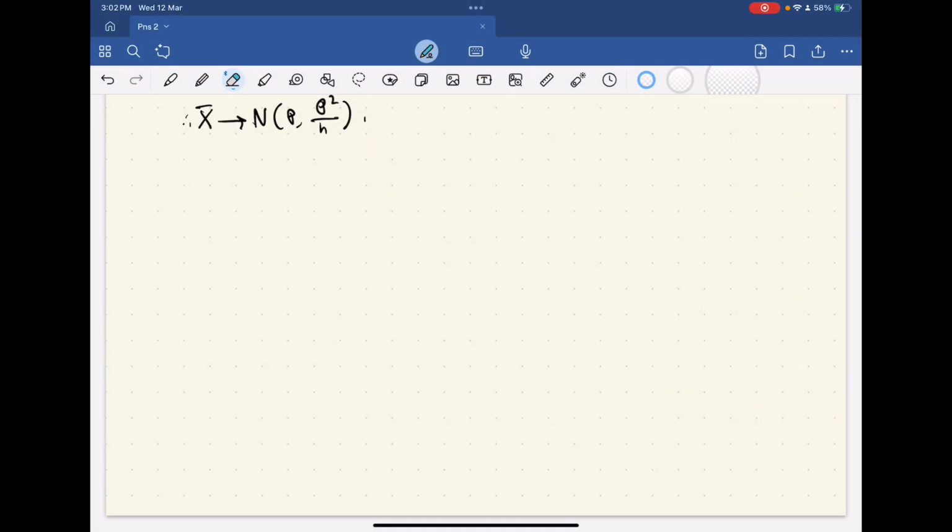Okay, so if you have a maximum likelihood estimator, theta hat, then the variance of this estimator is the lower bound for the variance of every other unbiased estimator of theta.